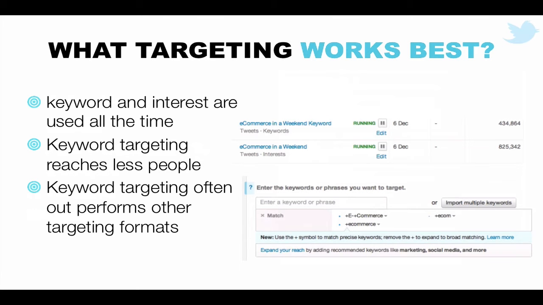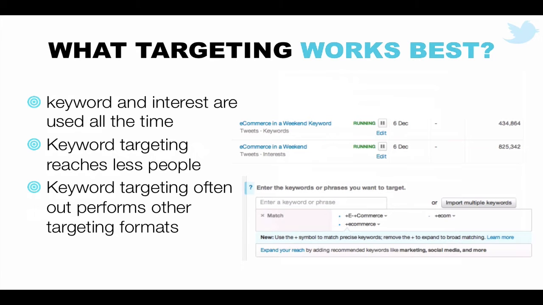One of the questions that I'm often asked is what sort of targeting works best? Which targeting options do we think perform best? Well, the answer very often disappoints, and the answer is it depends. It depends on what it is you're trying to achieve. It depends on who your audience are, and how many of your audience are available to us on Twitter.